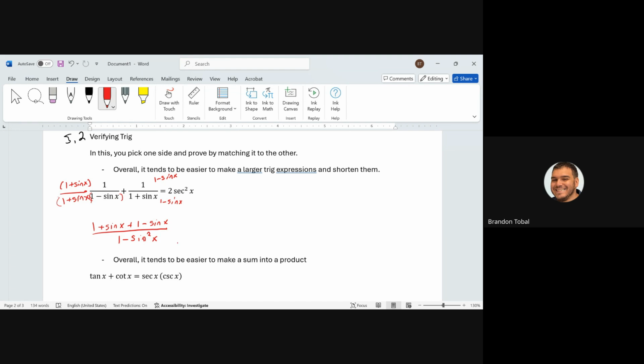That's fine. If you FOIL it, you would eventually get that anyway. So, all right, let's continue. Condense things. I see 2 here, so I'm going to make this 2. Sine x minus sine x completely disappears. So it's 2 over 1 minus sine squared x.